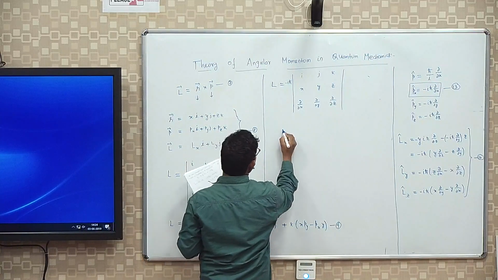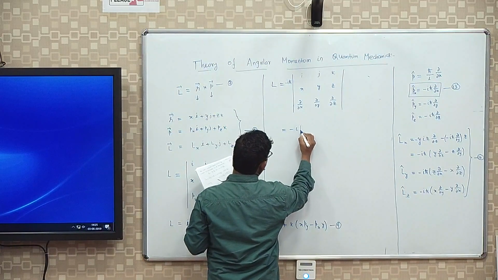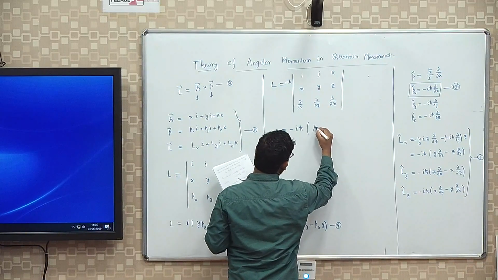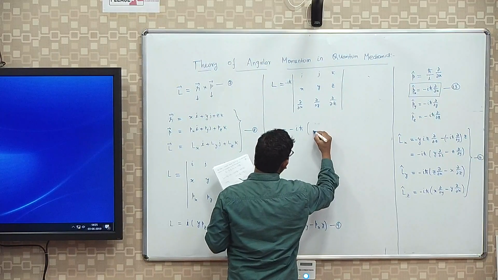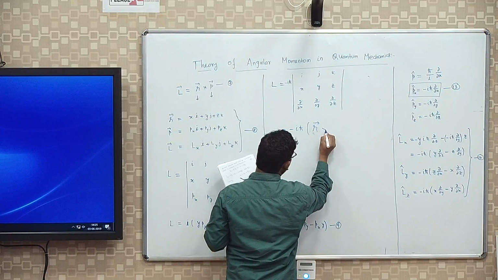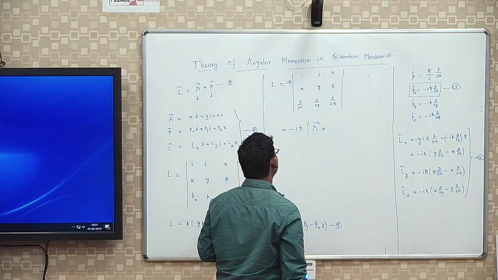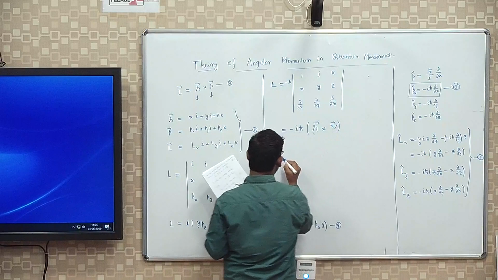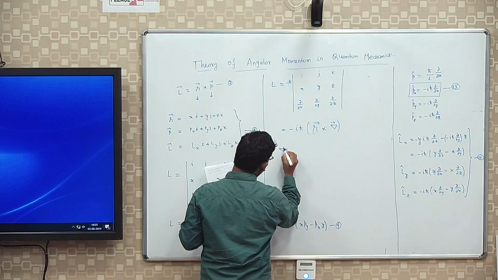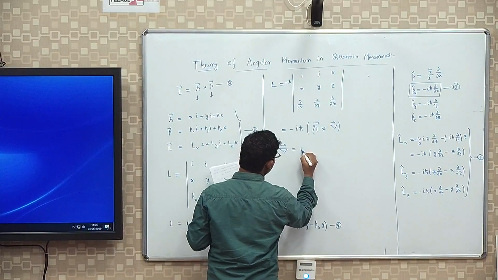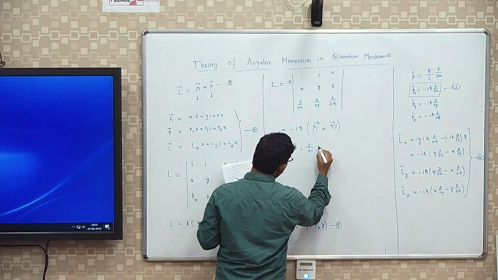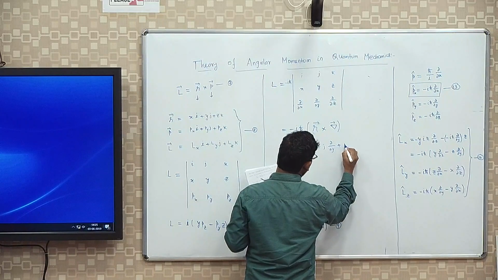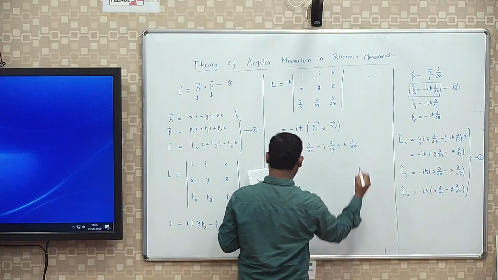Further, in this expression, minus i h cross, this one represents the position vector r making a vector product with del. Here the del operator is nothing but i dou divided by dou x, j dou divided by dou y, k dou divided by dou z.